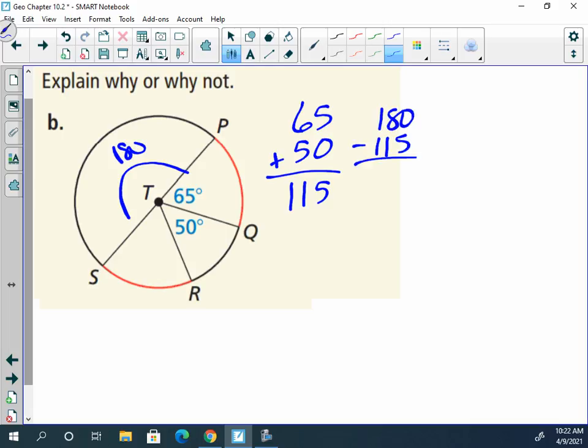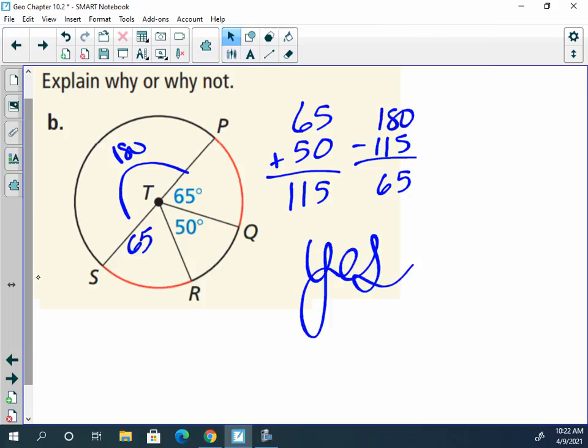We can subtract it from 180. So they're in the same circle and they have the same central angle. So are the two arcs congruent? Yes. Yes, they are. Any questions on this here?